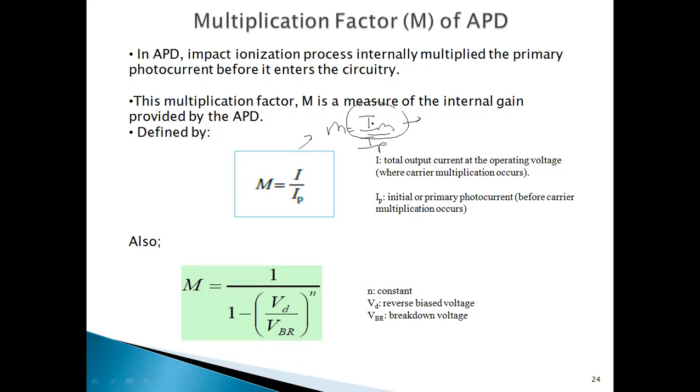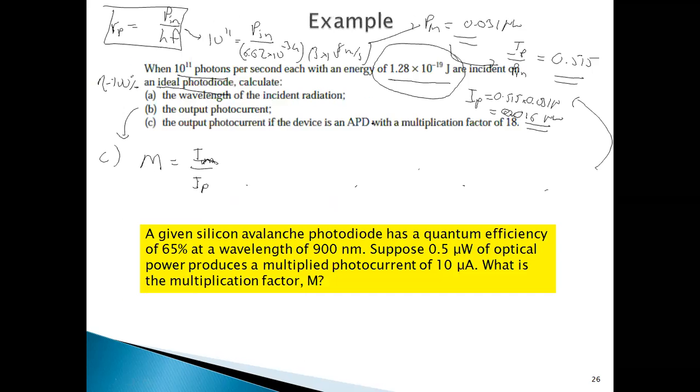So we need to find out the IM, which is the output photocurrent when the device is an APD, whereas IP is the output photocurrent when no multiplication occurs, a normal photocurrent value.